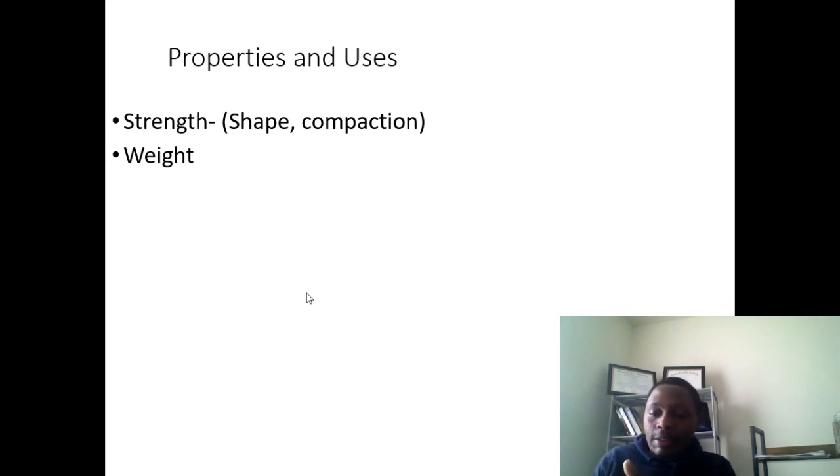So the other property is the weight of the aggregates. Okay, so the weight of the aggregate will also affect the overall strength of the material. So you don't want to have a material so heavy, because it will also affect the structural integrity of your project.